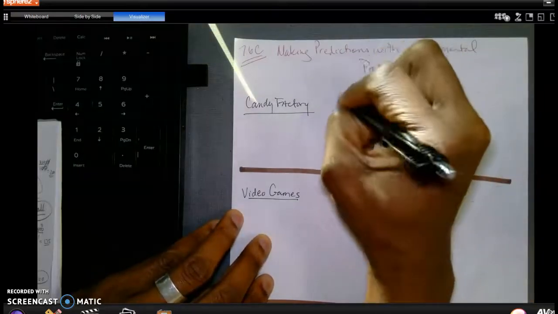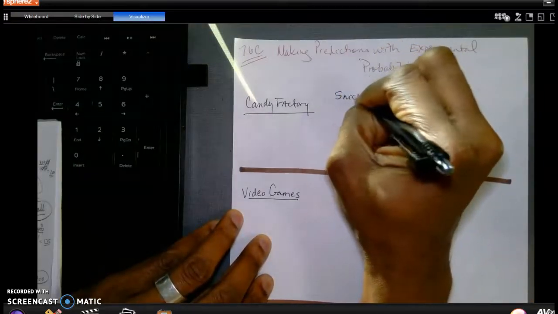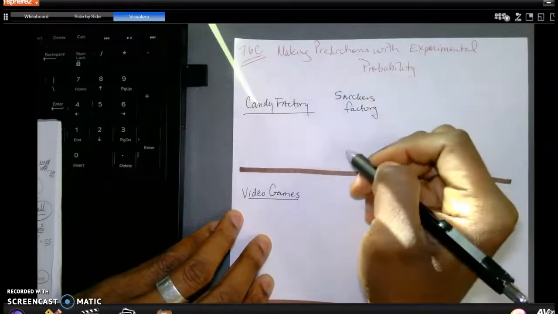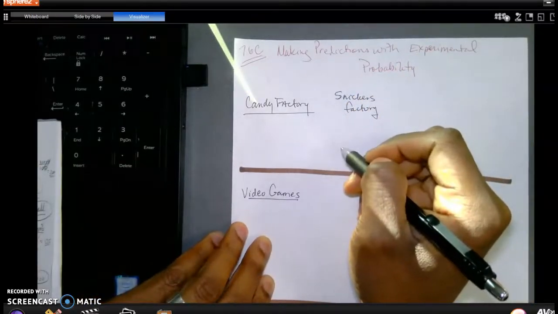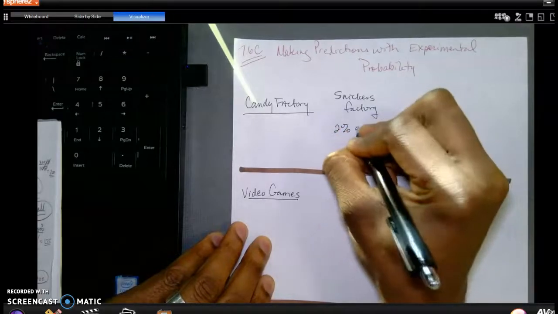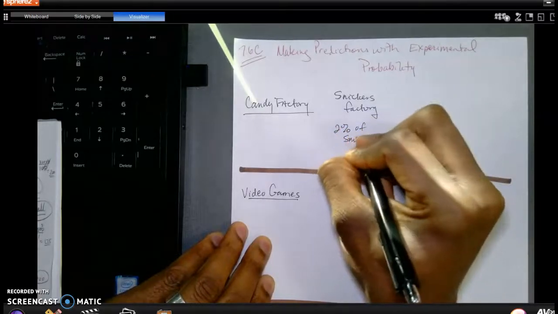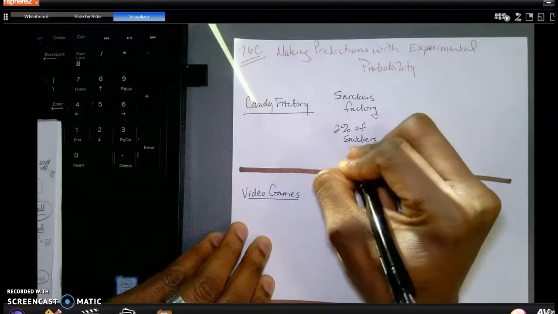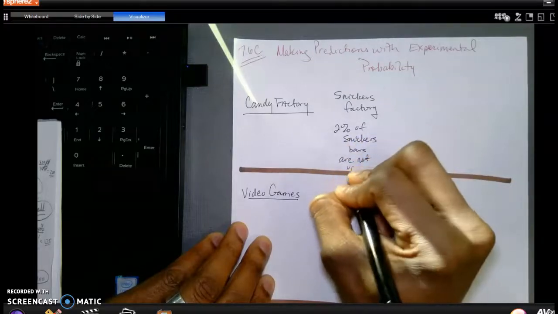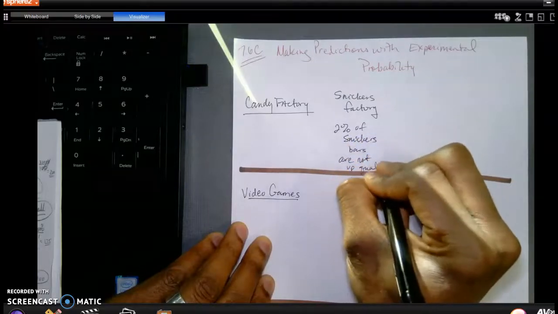Based upon previous production runs, they know that about 2% of Snickers bars are not up to quality standards.